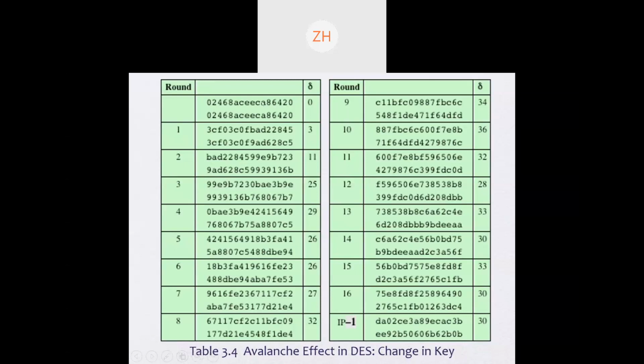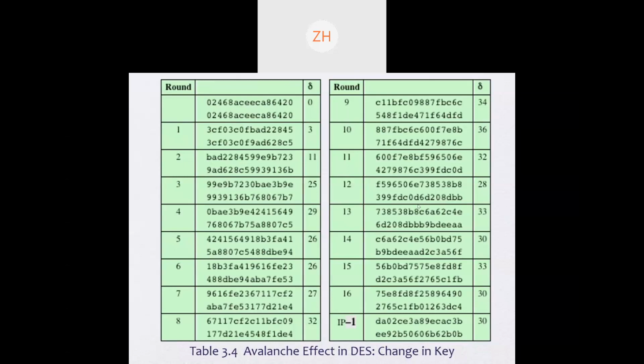Same goes for the key. This is not a key, this is the block itself, but then they change the key. Just make it one bit different on the key.